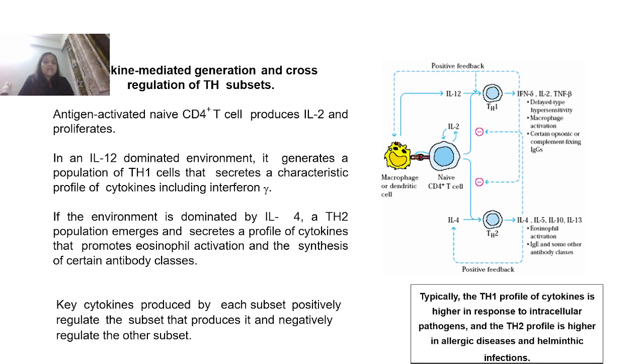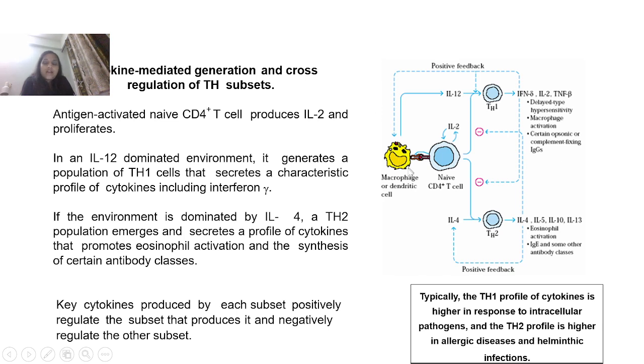And this T cell, after receiving the antigen from the macrophage or the dendritic cell or any kind of APC, will proliferate and differentiate to a particular T cell having a specific receptor, and then it will act on that pathogen.